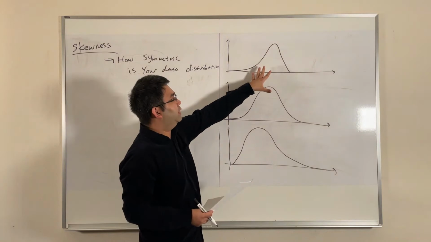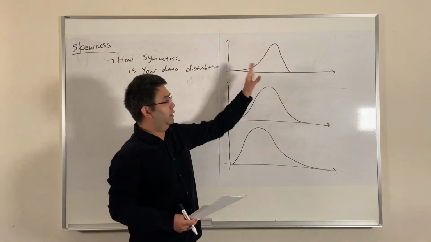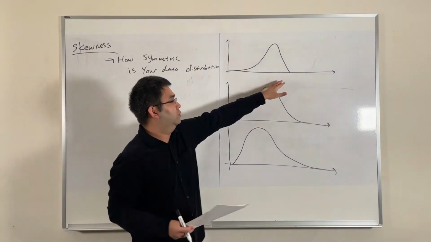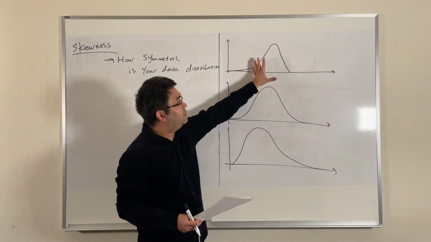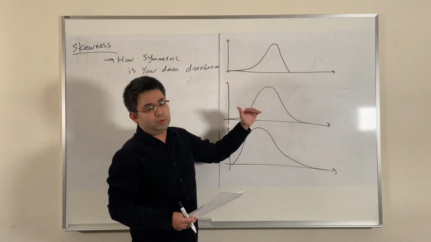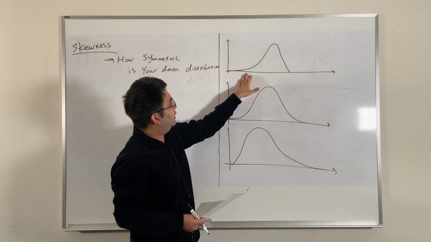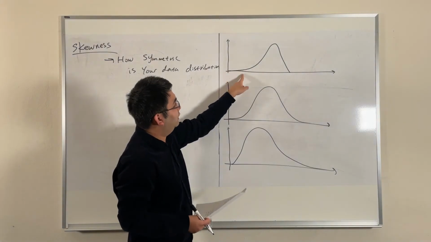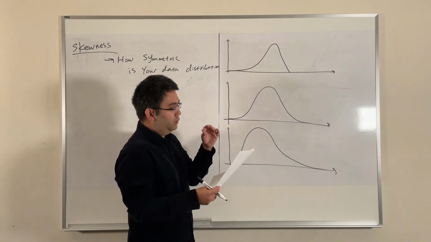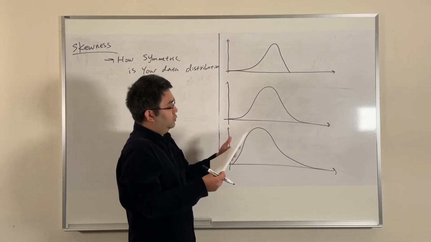First one, as you can see, is not very symmetric because the tail is long on the left side, but not too long to the right. All these are kind of comparing to the normal distribution. So this one is not symmetric and it's to the left. If you are presented this type of distribution, there are ways to describe it.